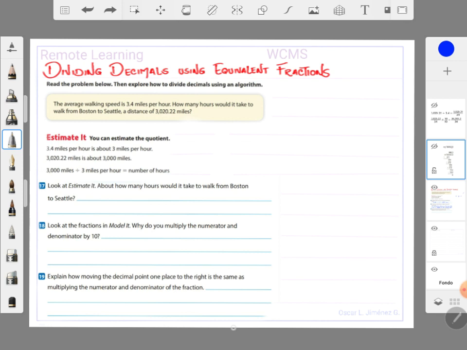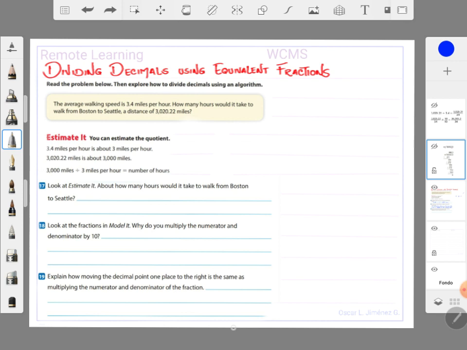So exercise 17 is this one. Estimate about how many hours it would take to walk from Boston to Seattle. Okay, so look at the estimate situation. If we estimate the speed, 3.4 miles per hour, it will be about 3 miles per hour. And if we estimate the distance, 3020.22 miles, it will be about 3000 miles.